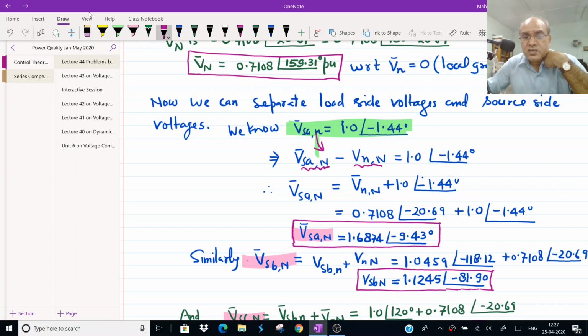This implies that BSAN is same as BNN plus 1.0 minus 1.44, which is BSAN. And if you substitute this value, then we will get BSAN is equal to minus 1.6 here, 874 angle of minus 9.43.